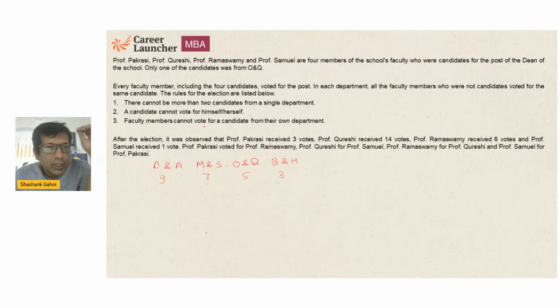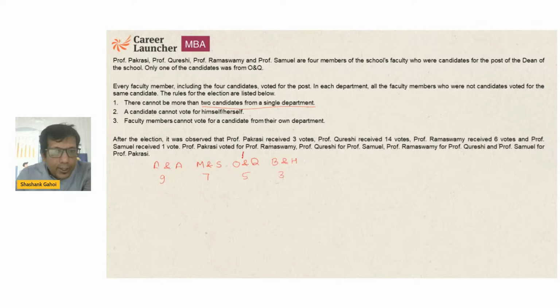So basically, it is saying that if I'm talking about F&A, and F&A doesn't have any candidate, it has 9 professors, and if those 9 professors are voting for a candidate, all of them are voting for the same candidate. That's what it says. Now it says there cannot be more than 2 candidates from a single department.